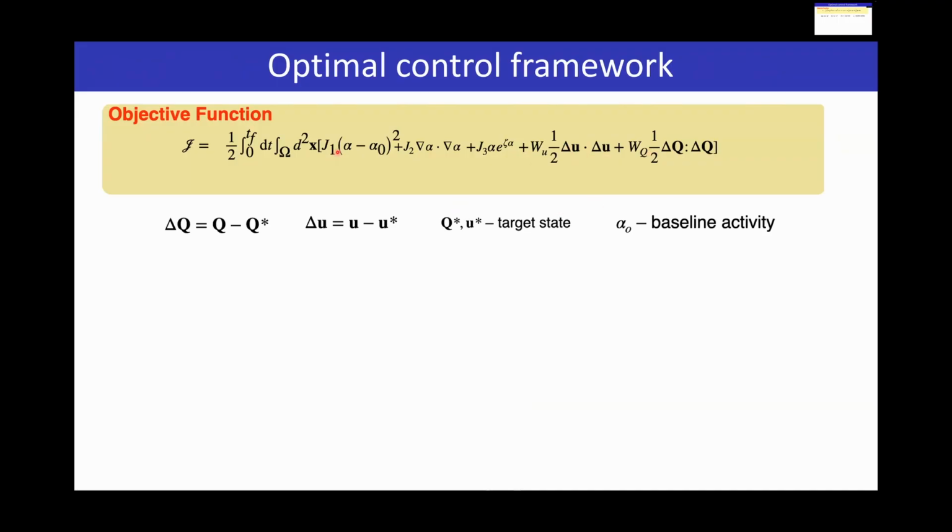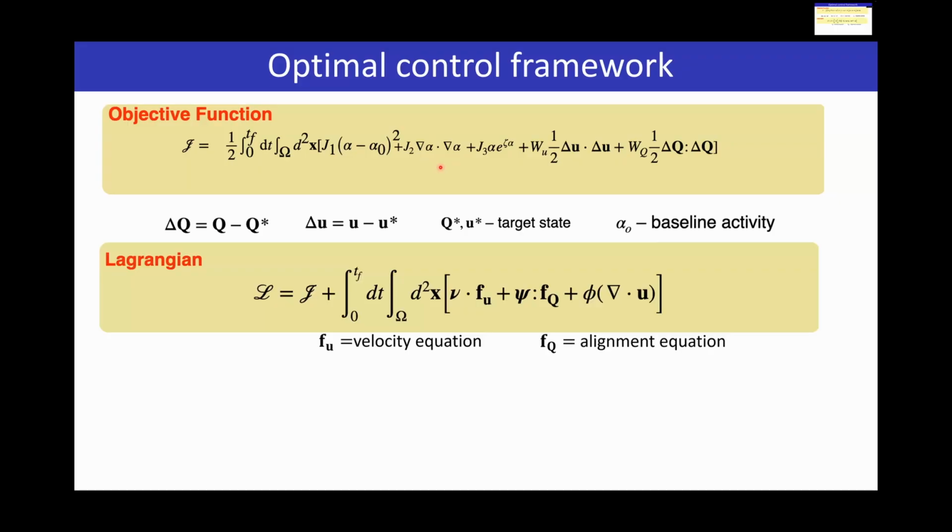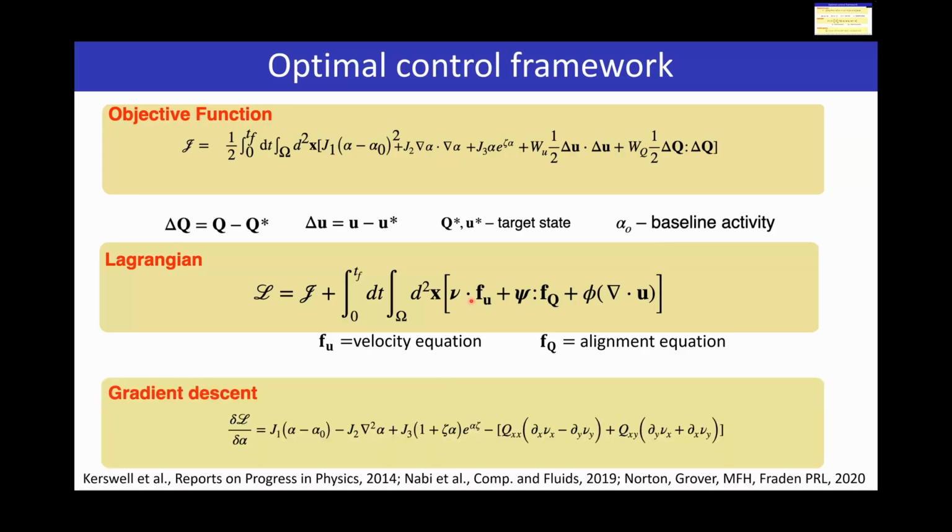Then you also include regularization terms, for example, penalizing large values of the activity or very high gradients in the activity, because experimentally that would be hard to impose. You add a Lagrangian that forces the system to obey the actual dynamics, and then you minimize that whole thing using a gradient descent method. Okay, and so that's the idea.